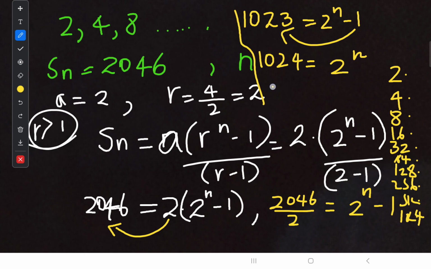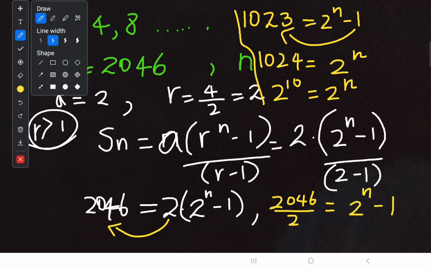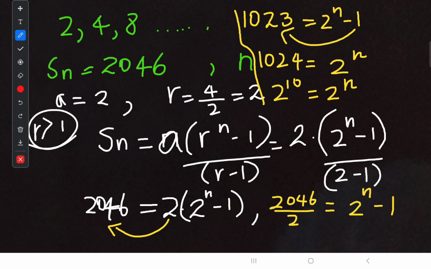So 2 to the power of 10 equals 2 to the power of n. So n equals 10. That means the sum of the first 10 terms equals 2046 in this geometric progression.